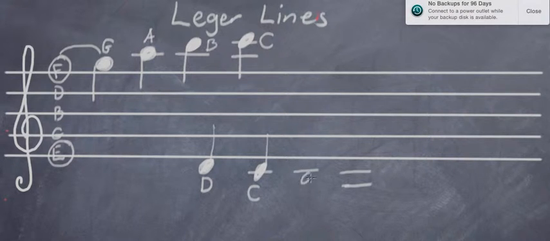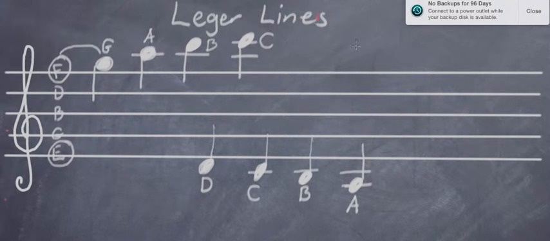If we then have a note that's hanging off of our first ledger line below the stave, this becomes B. And then on our second ledger line below the stave, this becomes A. So really, it's not hard to read notes on ledger lines if we know where we're going to start from. So it's really important to memorize the notes on our stave so then we can step our way up through the ledger lines.